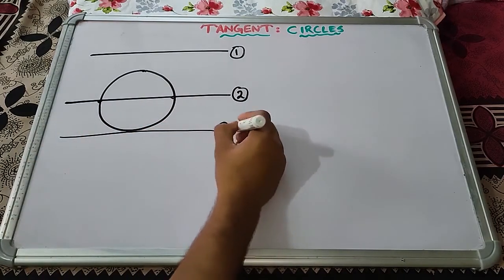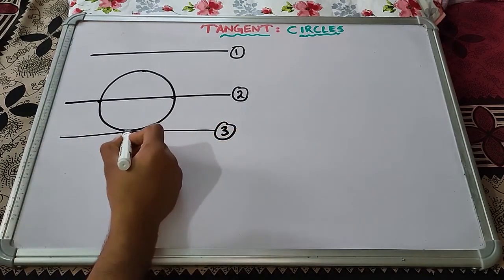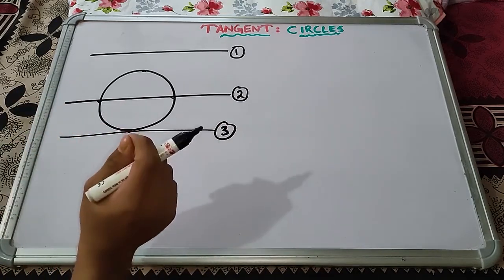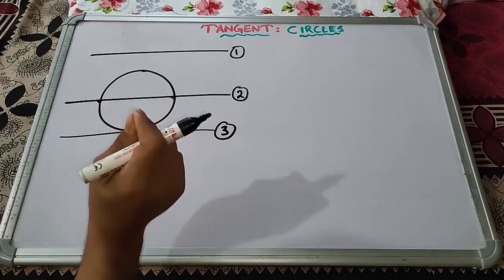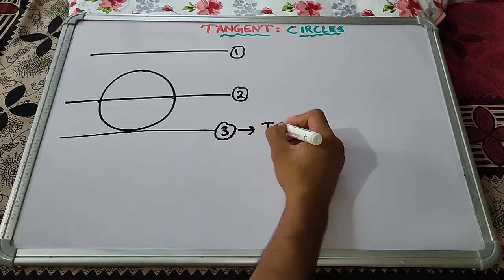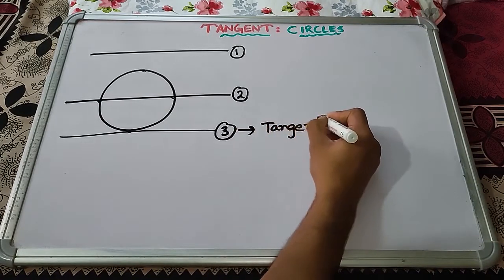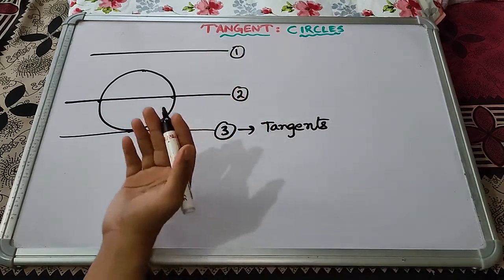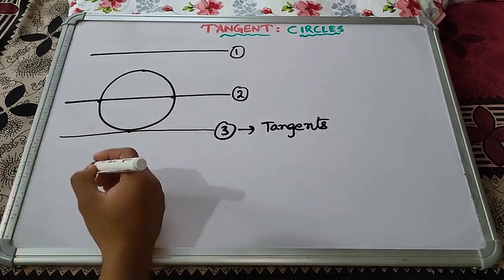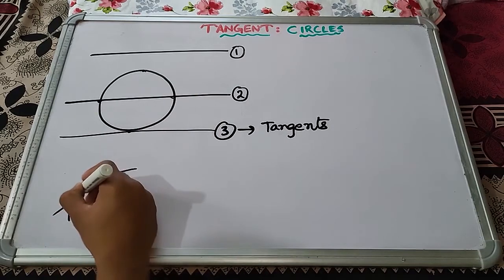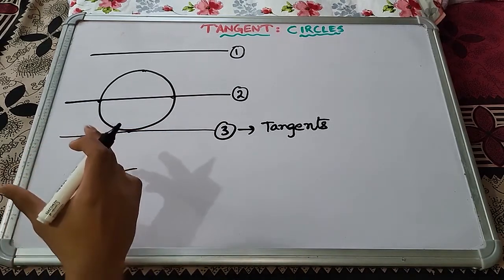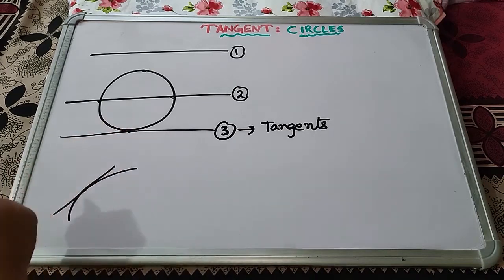And the line of type 3 has only a single point of contact with the circle, that is, it touches the circle at only one single point. This category of line is classified as tangents, be it for circles, parabola, hyperbola, ellipse, whatever type of curve it is. If a line touches the curve only at a single point, then we can say that particular line is the tangent to the given curve.